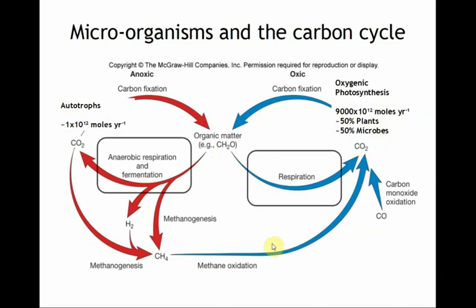What I want to talk a little bit about is different kinds of organic matter, how they can be degraded by microbes, not just sugar, okay? Different types of organic carbon. And then a little bit about this process, the methanogens, and what their contribution might be to global warming.